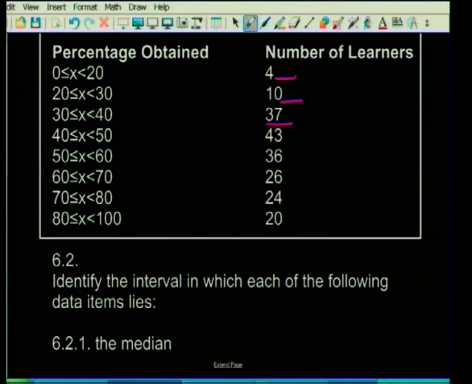Now, up to here, the ones indicated in pink, the total number of learners is already 94. Now, I know then that my median will lie in the next class, 50 to 60, because there's 36 kids in there. So by the time I'm finished with 50 to 60, I'm already on 130 learners. So the median will lie in 50 to 60.